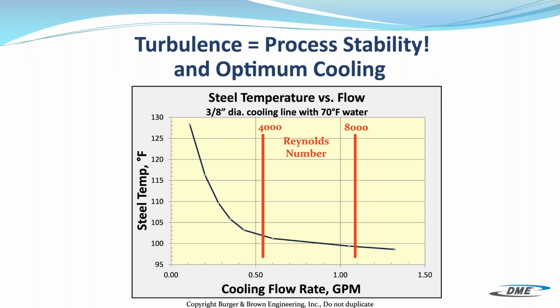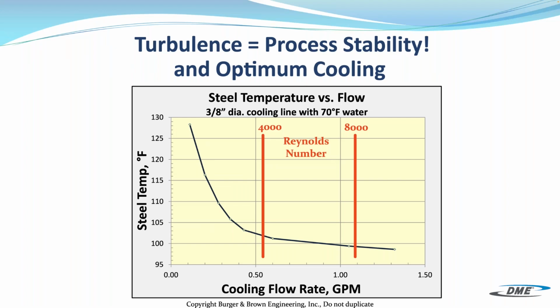So we have this chart here showing steel temperature versus flow. In this situation, it's a 3/8 inch diameter cooling line with 70-degree cooling water. And you can see up to a half GPM on the left-hand side here, minor changes in flow make a large difference in the steel temperature, meaning the minor changes that we add in additional flow to get to that turbulence show extreme changes in the steel temperature.